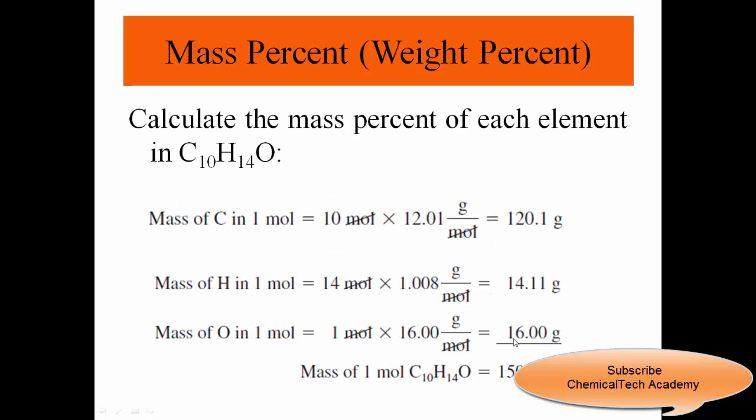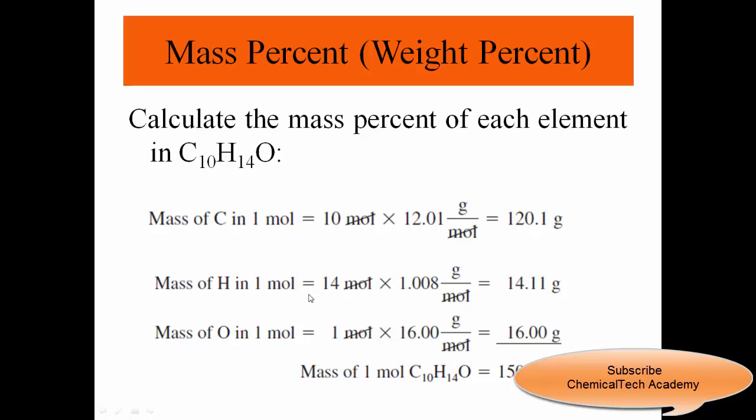Now let's see another example. Calculate the mass percent of each element in C10H14O. So here again we have 3 elements. We need to calculate the mass of carbon, hydrogen, and oxygen. So we have 10 carbons, so 10 moles times 12.01 is going to be 120.1 grams.